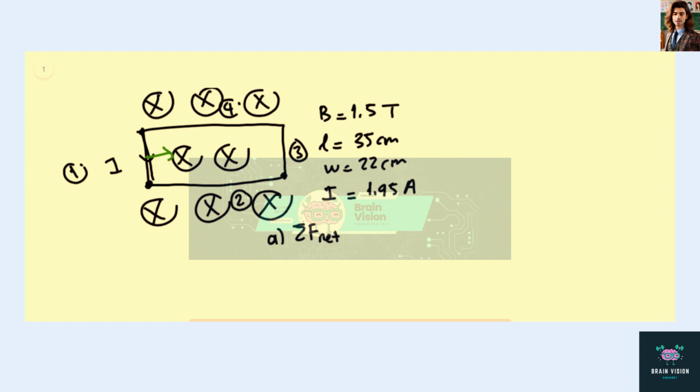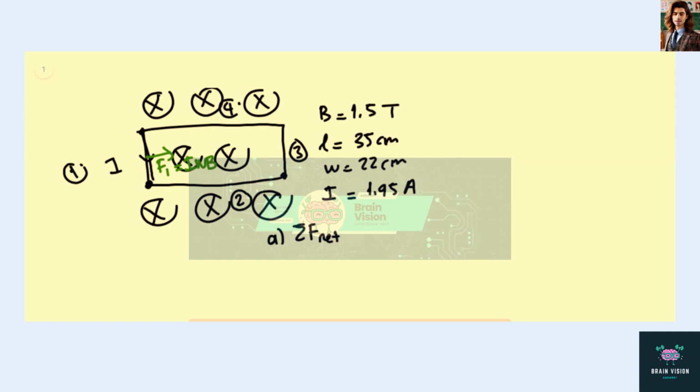You're going to see that this force, let's call it F sub 1, in magnitude is going to be equal to the current times the length of this wire, which is W, times the magnitude of the magnetic field, times the sine of the angle between I and B, which is 90, so I'm dropping that. So the force exerted on segment 1 is IWB.